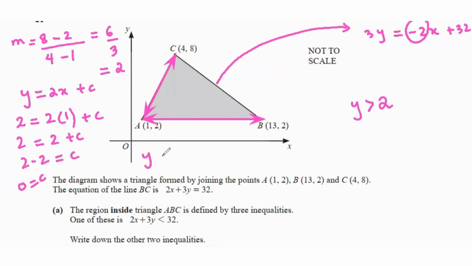So we have y equals 2x. Now for the inequality, since we're looking at the region underneath it, the values of y are decreasing on this side. So we're going to write y is less than 2x. So these are the two inequalities.